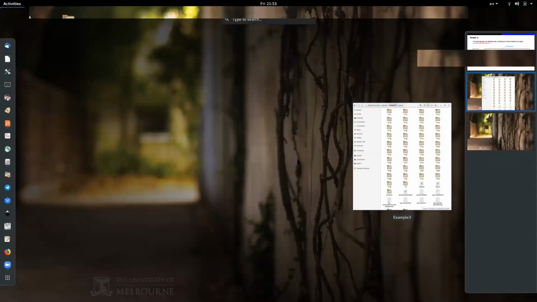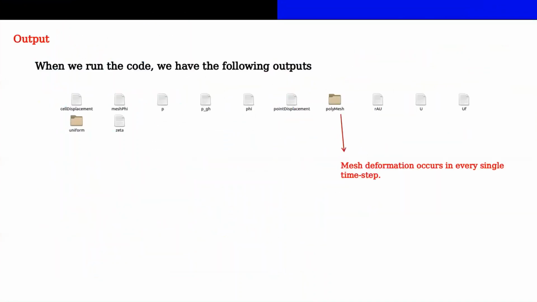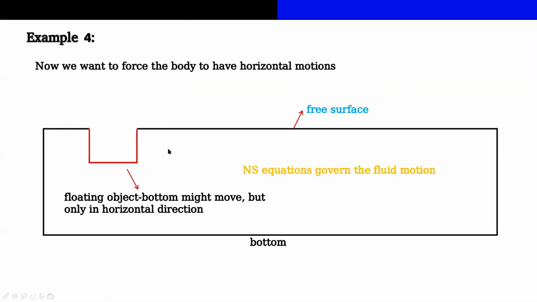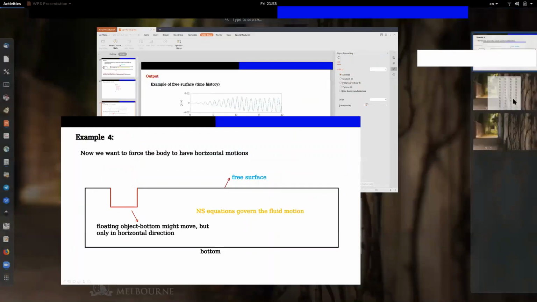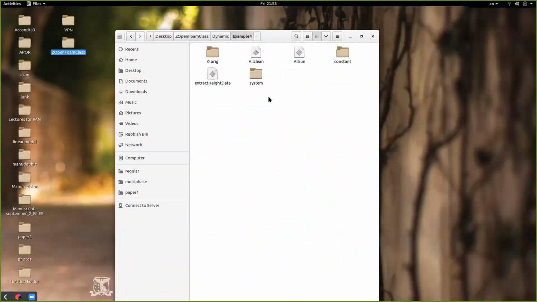Let's go to another example. This time, let's set the body to have horizontal, longitudinal motion instead of vertical motion. I'm going to example 4, which I prepared for you.